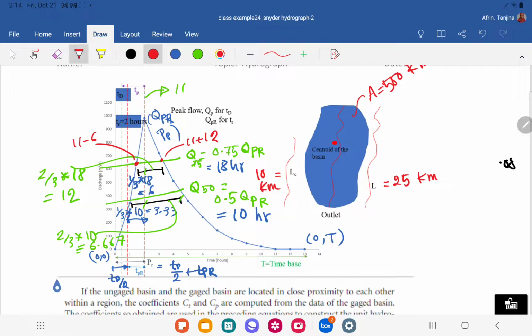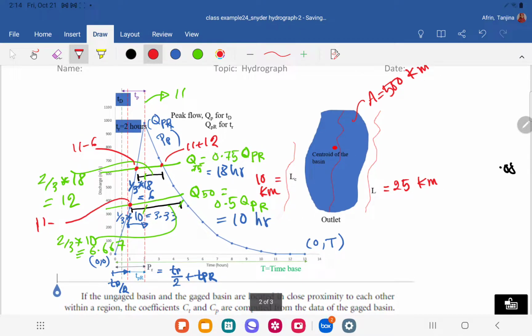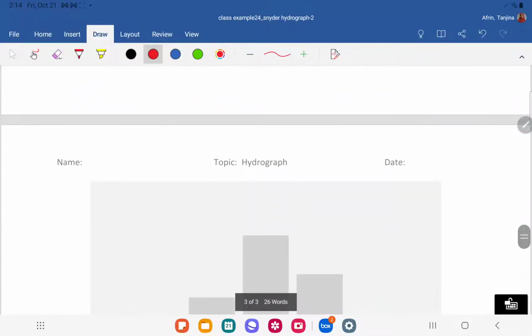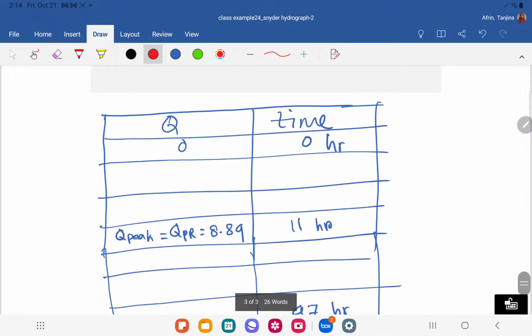And this point will be 11 minus 3.33, and this point will be 11 plus 6.66. Okay, so those will be the last few points here.